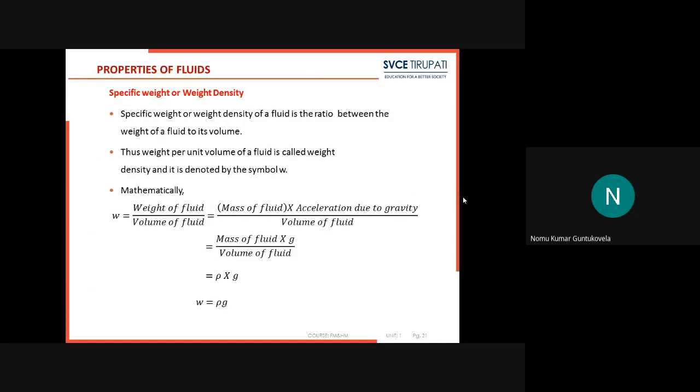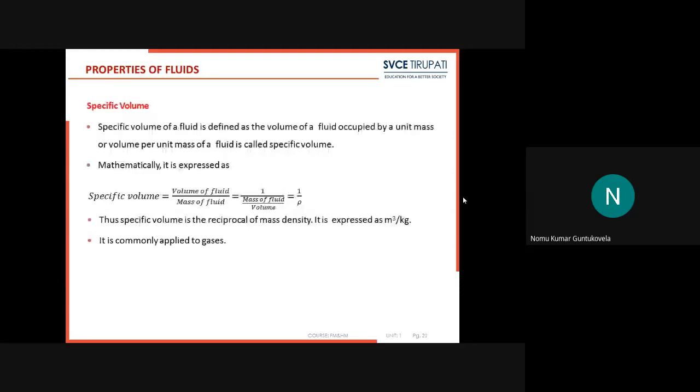Therefore, w equals rho g. And here also the unit is the same, kg per meter cube.